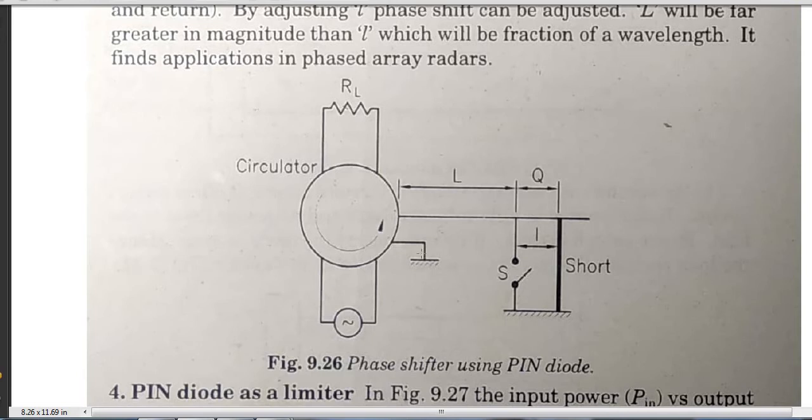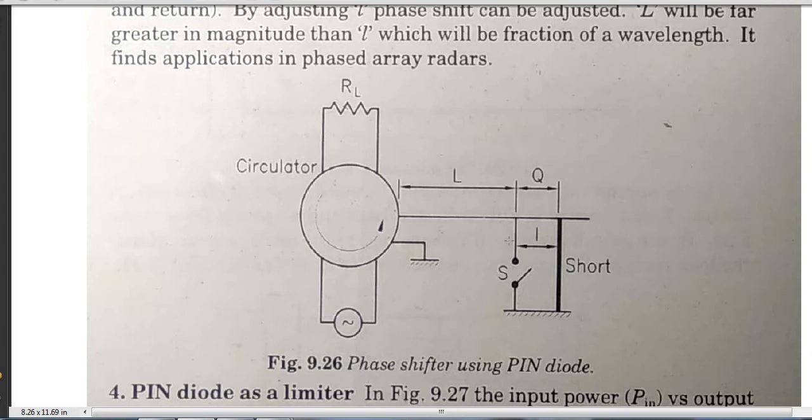The input signal travels a distance equal to L, or L plus small l, depending upon whether this switch is closed or open respectively. Therefore, between the two conditions, we have a phase shift of 2 theta.